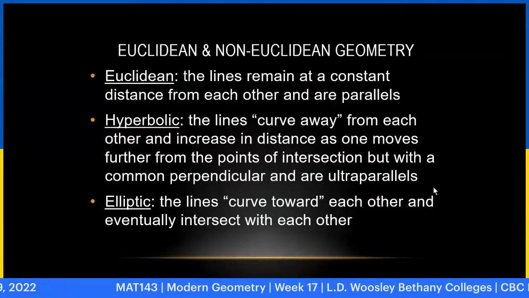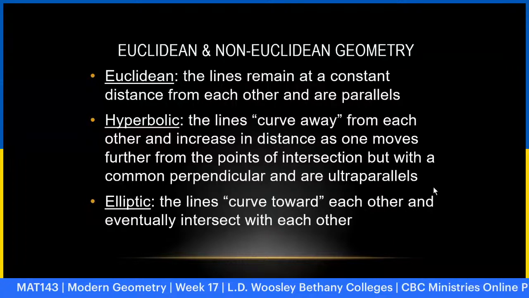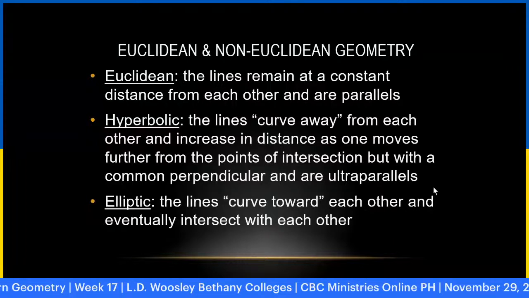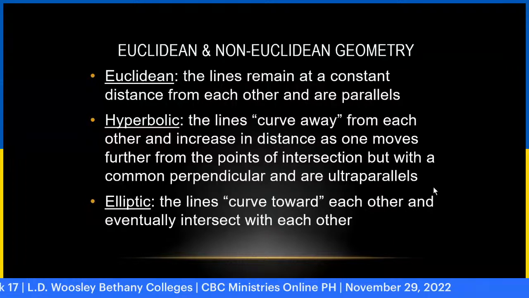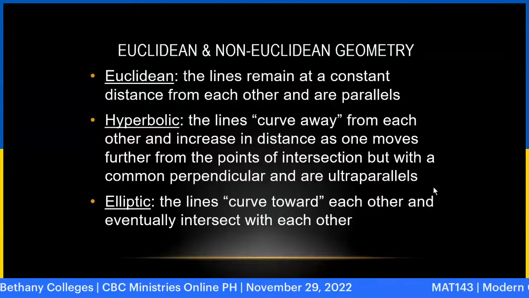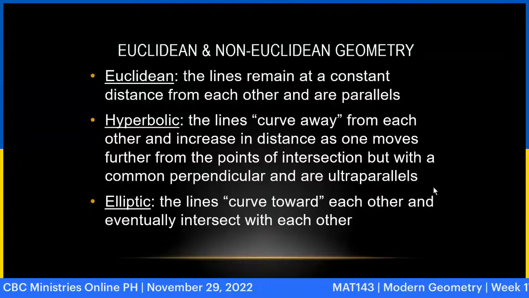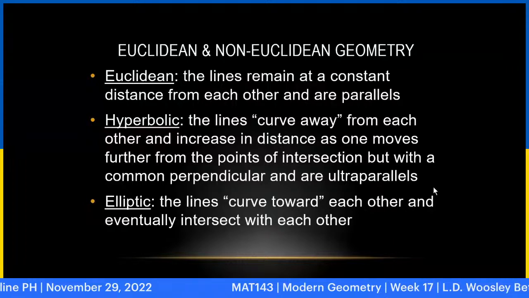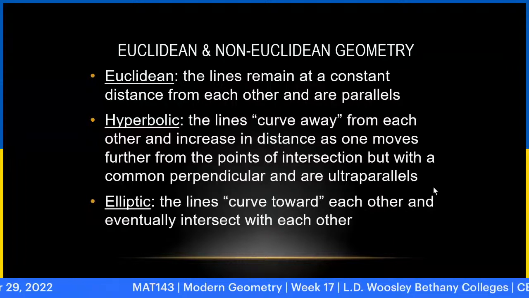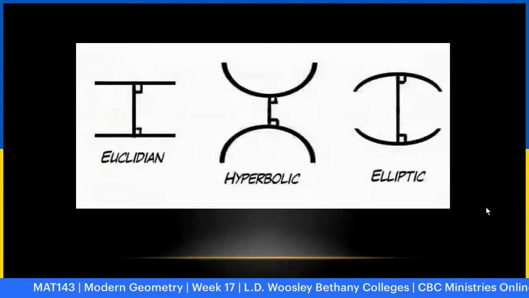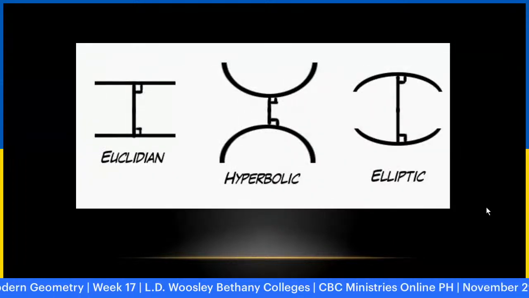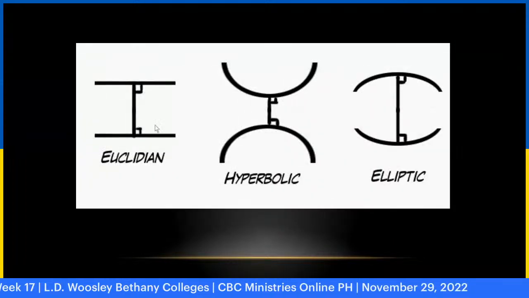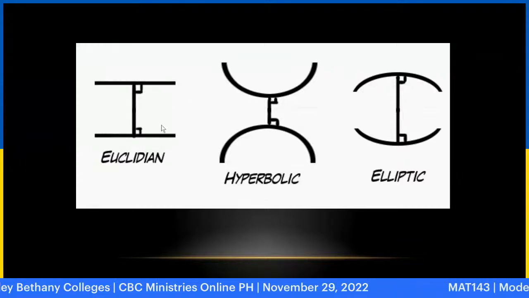Okay? So the lines that curve toward each other eventually intersect with each other. So there are no parallel lines for elliptic. And the hyperbolic lines curve away, meaning they won't intersect, therefore parallel. Alright? So Euclidean is perfect.